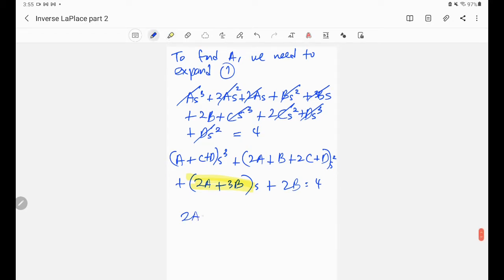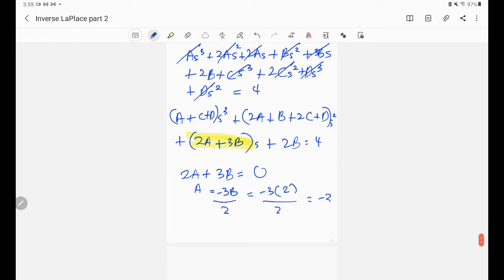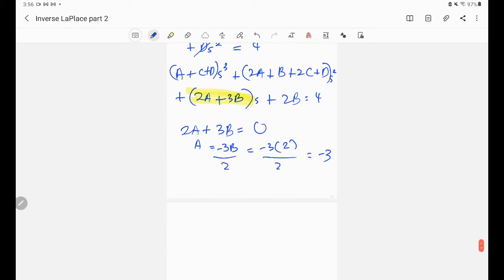Therefore 2A plus 3B must be equal to 0, so A is equal to negative 3B over 2, and B is 2. So it must be equal to negative 3. Now we have the values of A, B, C, and D.